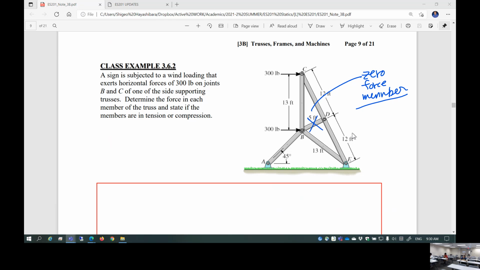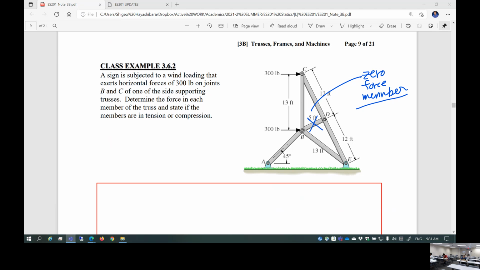A sign is subjected to a wind loading. Looks like 300 pounds applied at the joint C and also joint B. 300 pounds force, horizontal force. This is due to the aerodynamic drag, I believe. Determine the force in each member of the truss and state if the members are in tension or compression.